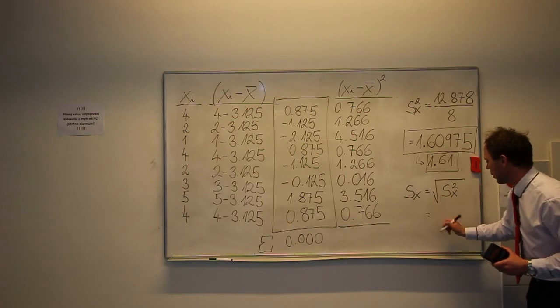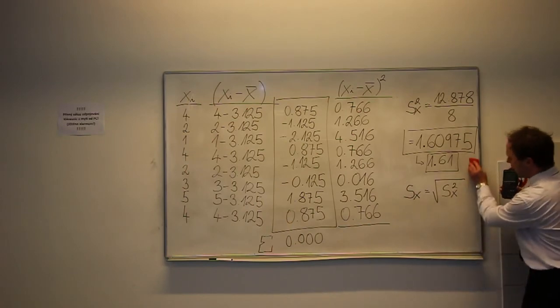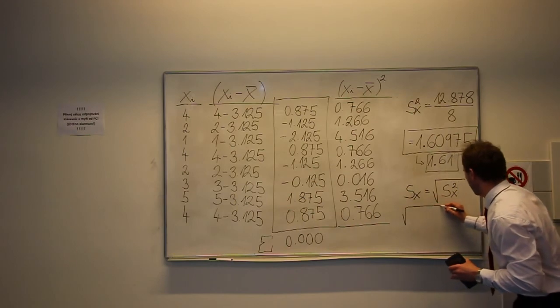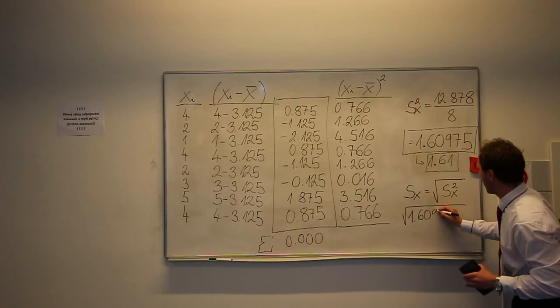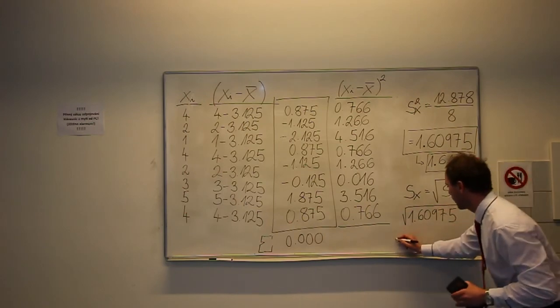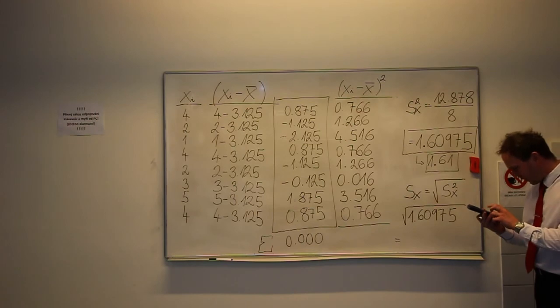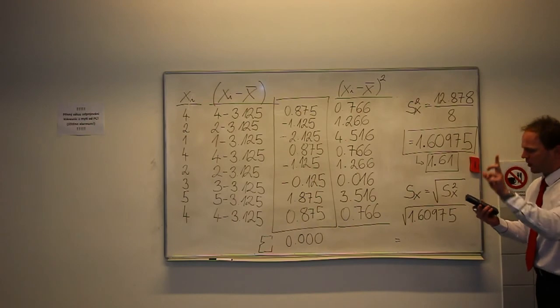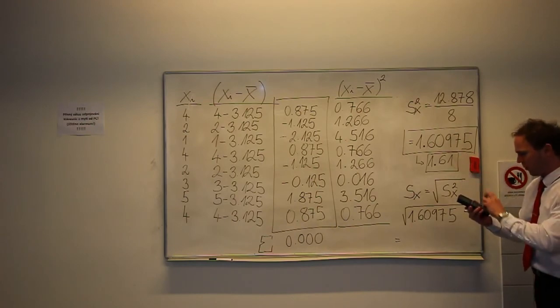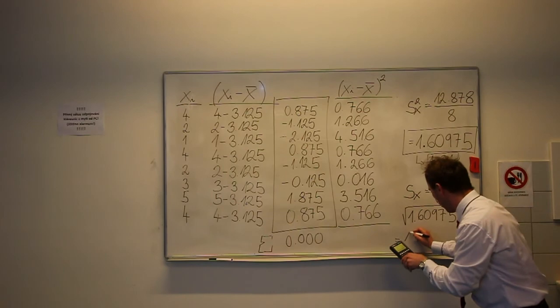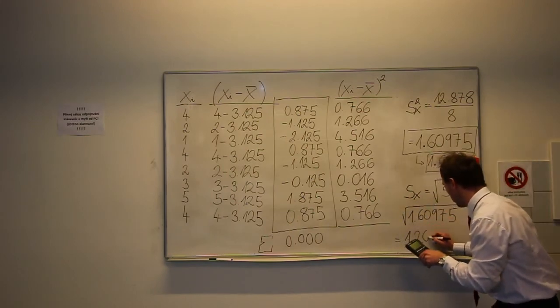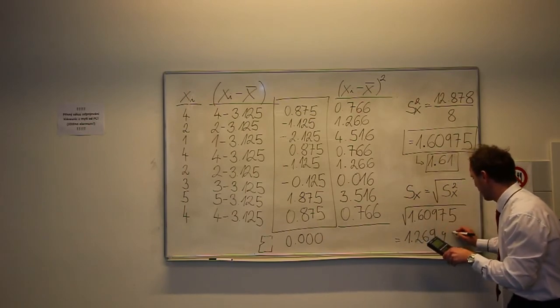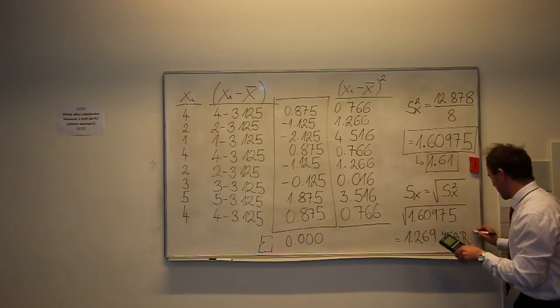So in our situation, the standard deviation will be the square root of 1.60975. No second power here, just the square root of this value, and the result is 1.269 years.